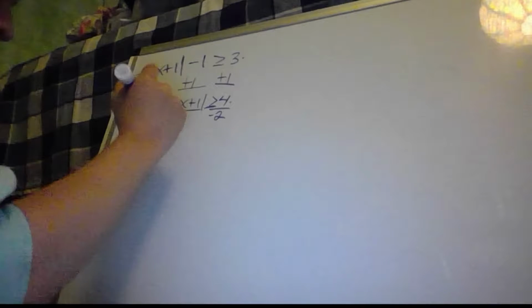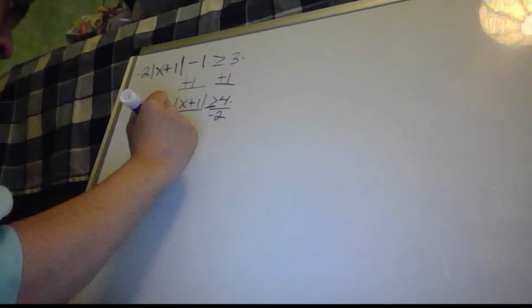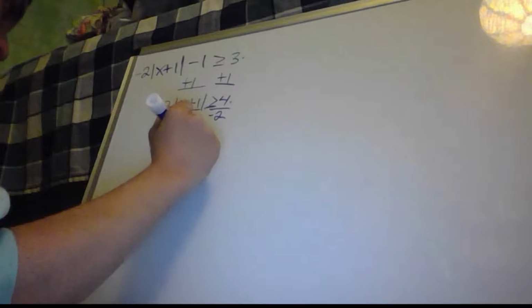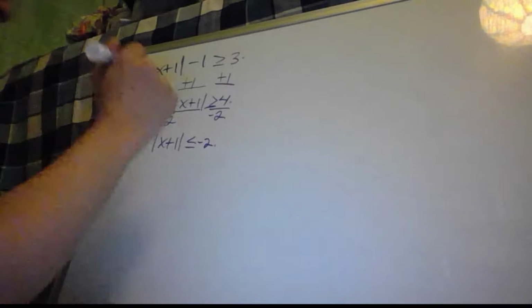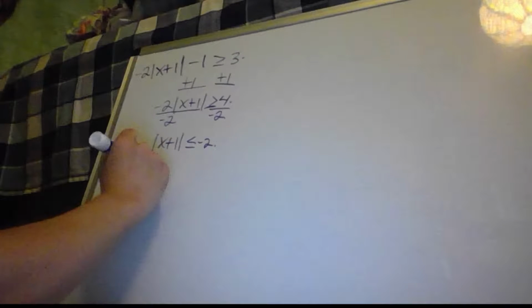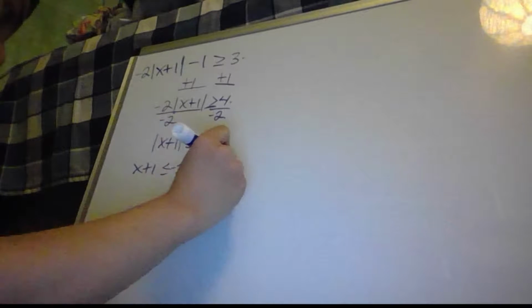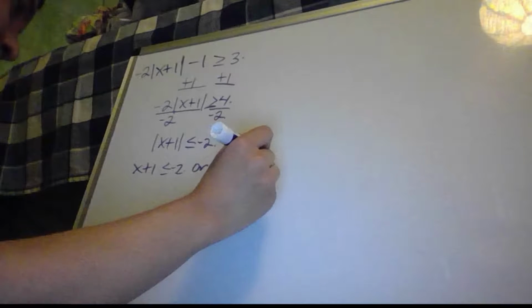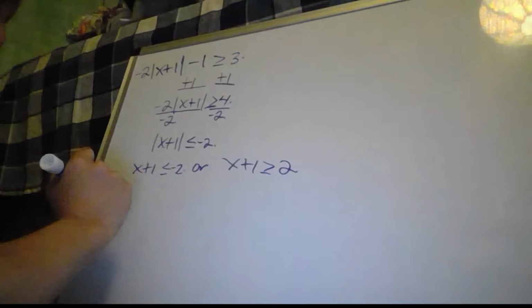So it's going to be the absolute value of x plus 1 is less than or equal to negative 2, right? That means that x plus 1 is less than or equal to negative 2, or x plus 1 is greater than or equal to positive 2. Okay?